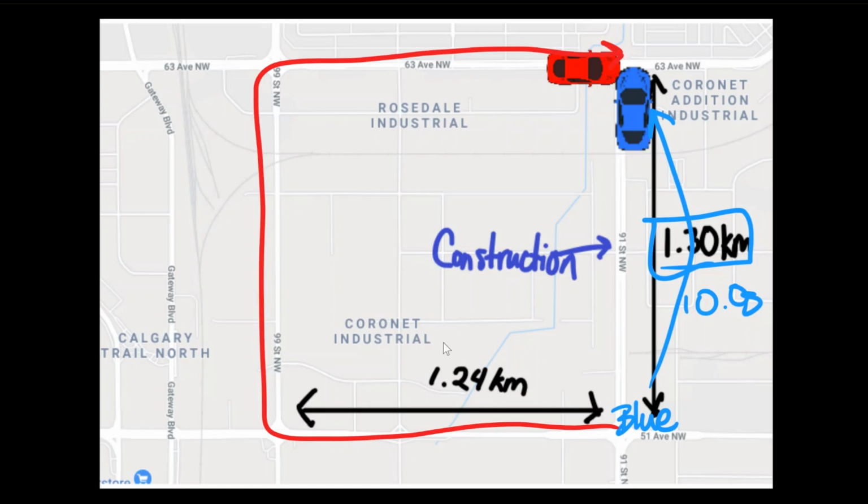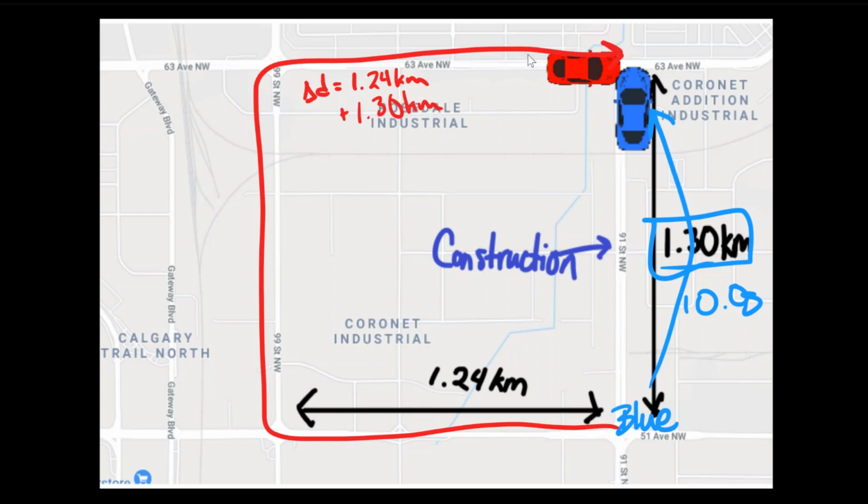So that was the distance that it went. Remember, we went over this video on Friday. The distance that it went was 1.24 kilometers, plus it went up here 1.3. So this distance is the same as this distance. So 1.30 kilometers.